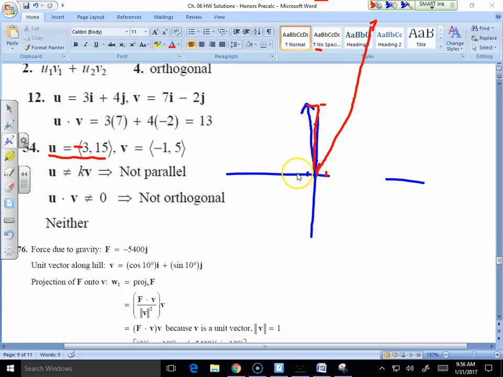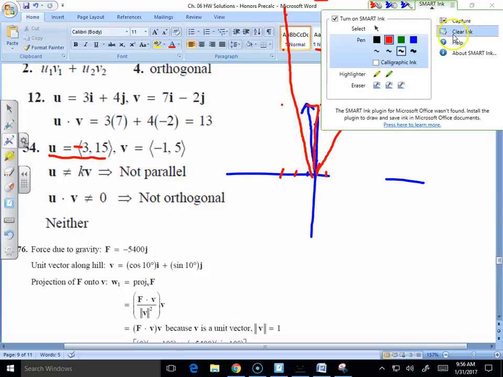Instead of going positive 3, it would go negative 3, and then 5, 10, 15. They would go through -1 and 5, then -2 and 10, and then -3 and 15. Would they be parallel?